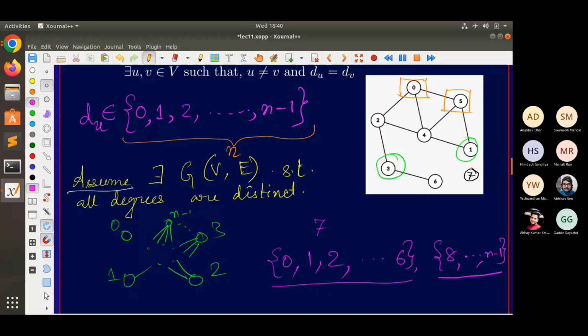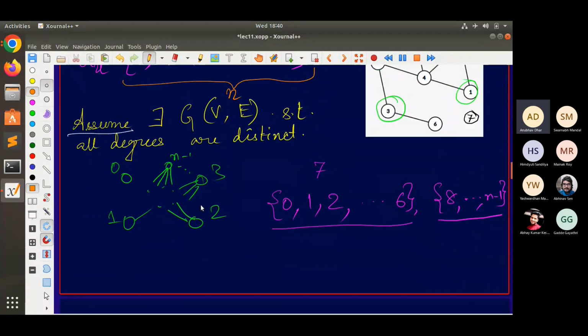That means there will be one particular value of degree that will be repeated for 2 nodes, correct? Yes. Clear?